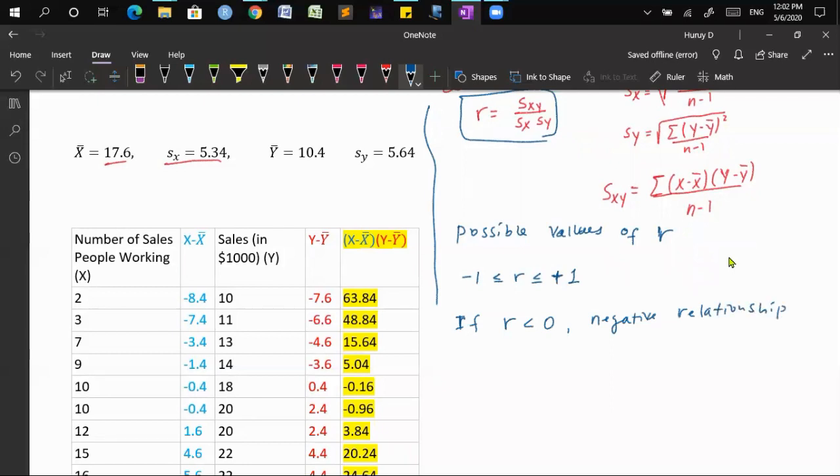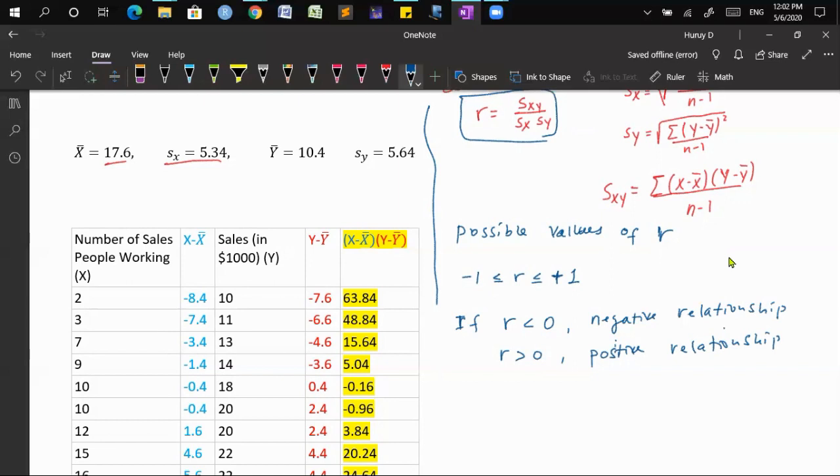If we have negative R, then it tells us there is a negative relationship. If R is positive, then we have a positive relationship.